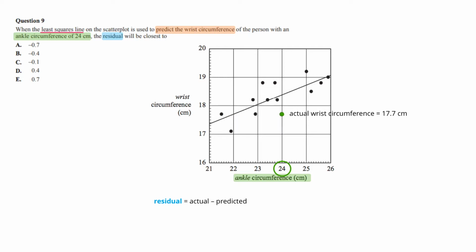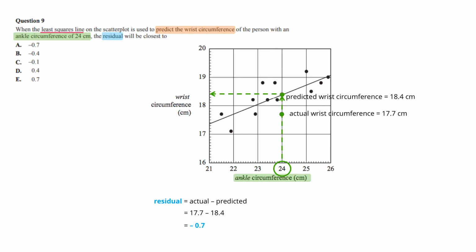The predicted wrist circumference is going to be on the least squares line. So from the 24, we go up until we meet the least squares line and then across to find the predicted wrist circumference of 18.4 centimeters. So the residual equals 17.7 take away 18.4, which gives us a residual of negative 0.7.